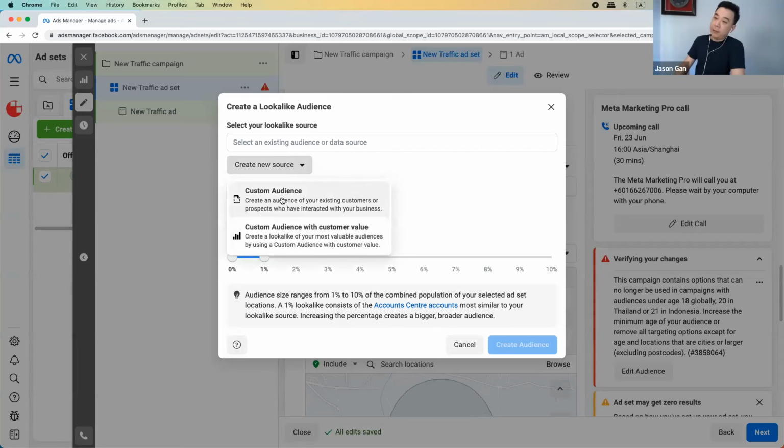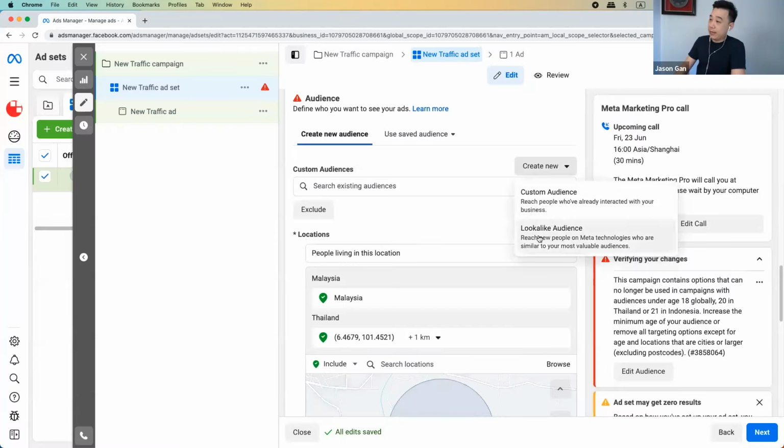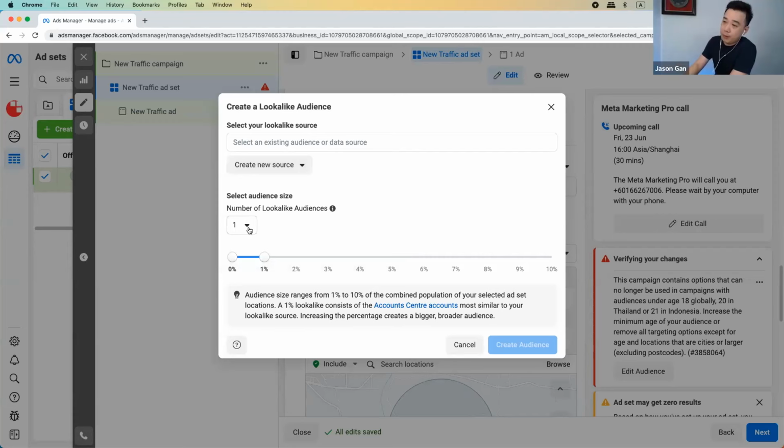You can select it from a custom audience, which could be anything, or you can select an audience based on value. But usually we go without a value, because these are different applications, and you have to understand the differences between them. Then people get confused about the number of lookalike audiences.